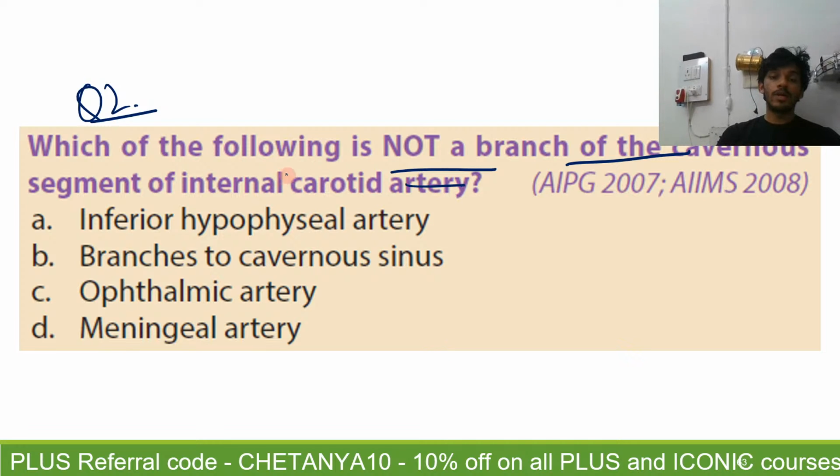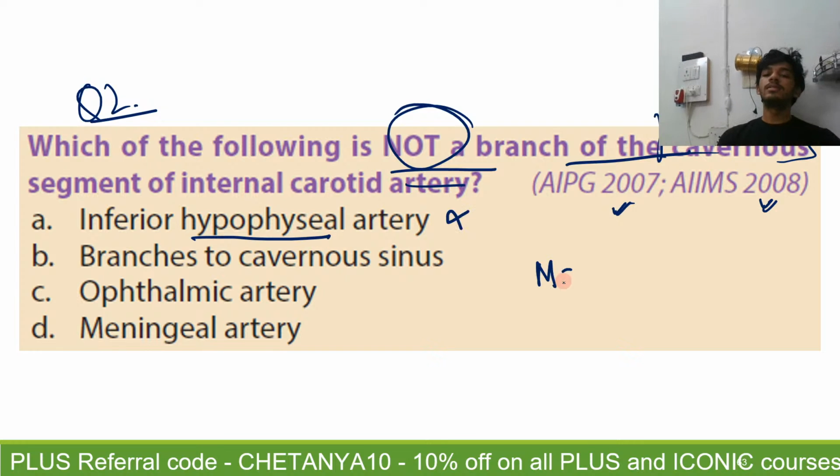Okay. So question number two, can anybody tell me an answer which is not a branch of the cavernous segment? It has been asked twice, one in the All India PG and one in the AIIMS North. The inferior hypophyseal artery, Kabir Mukhi has given the answer as A. I'll tell you that is the wrong answer. Why? Because I told you that the cavernous segment gives the branches which are the meningo-hypophyseal branches, right?